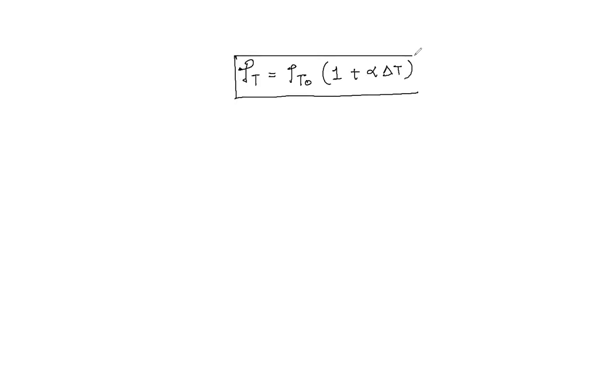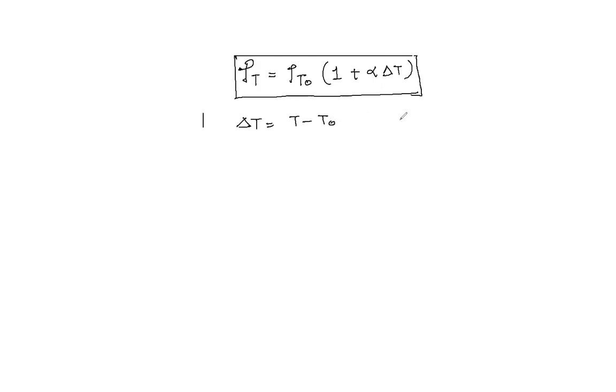We can write rho T is equal to rho T naught, which is going to be a really important and useful relationship, 1 plus alpha del T. What is the meaning of it? Mathematically, we relate the dependency of resistivity on temperature in this manner. So what is del T? Del T is the change in the temperature, that is T minus T naught.